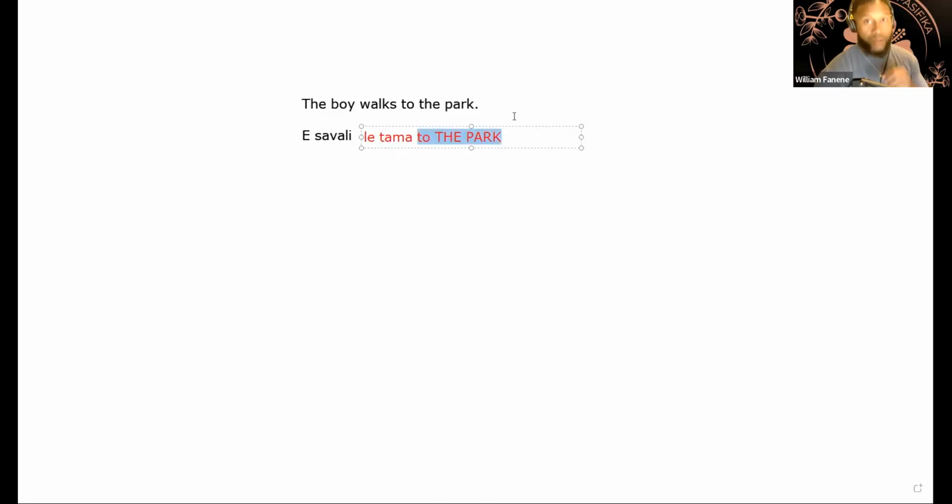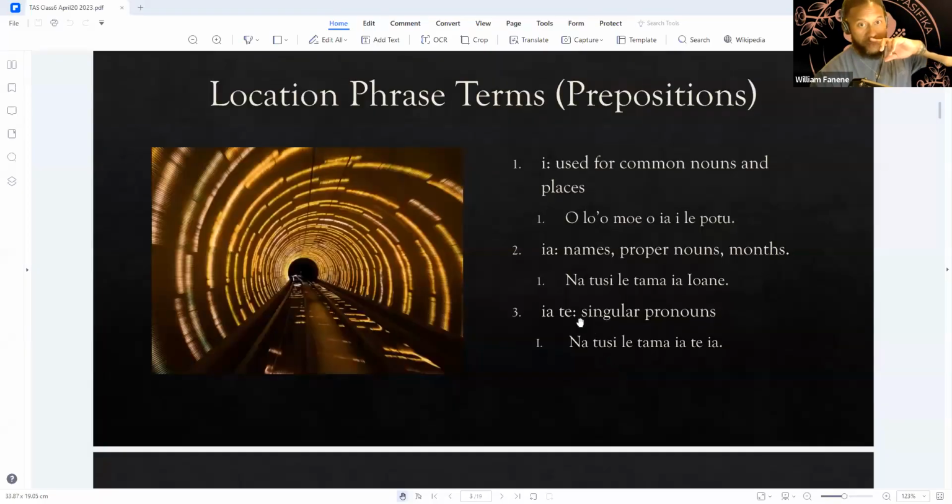Okay, so in Samoan, in English too, there's something called a preposition, right? And it just prepares you for the location of where the action is going to. So let's go back to this slide. So you would probably hear something like E. Okay, E is one of the most common prepositions that you're going to hear.